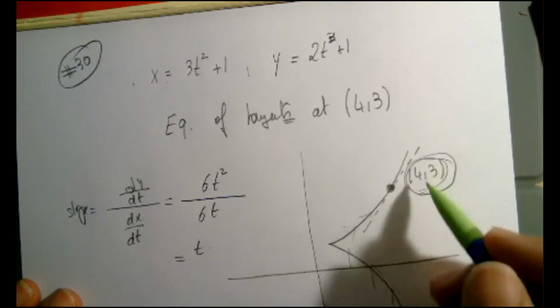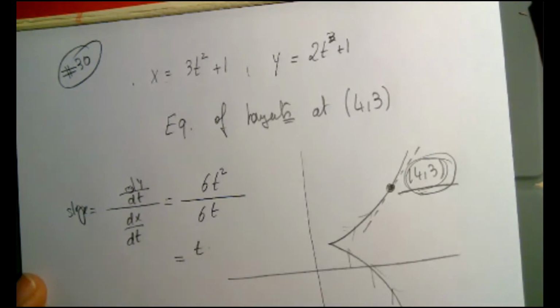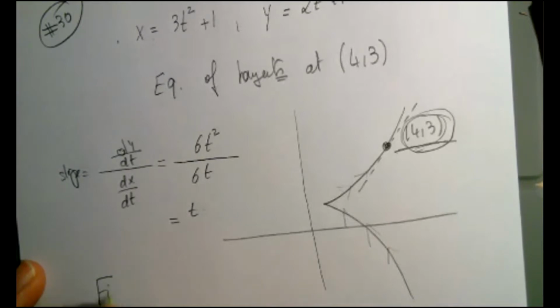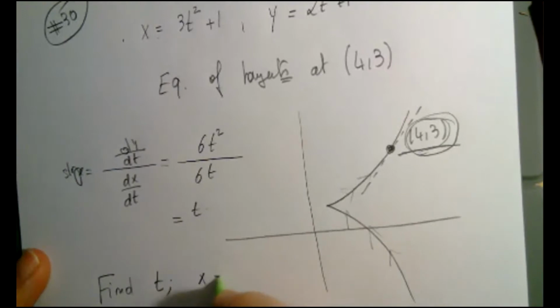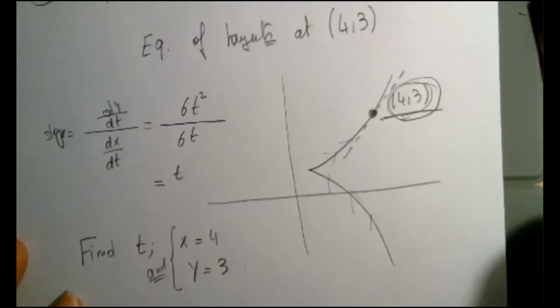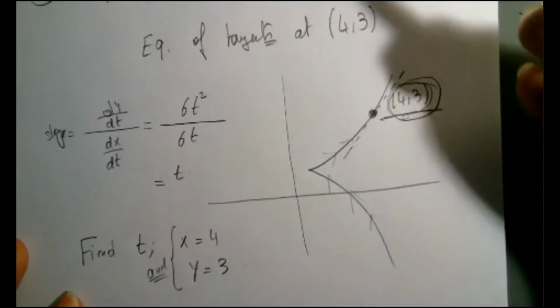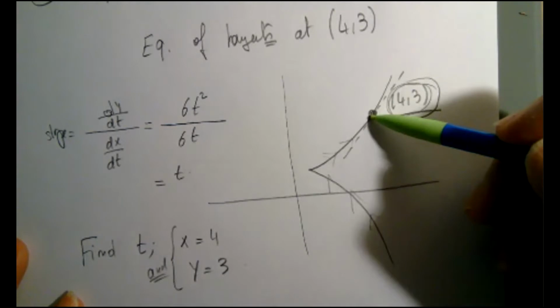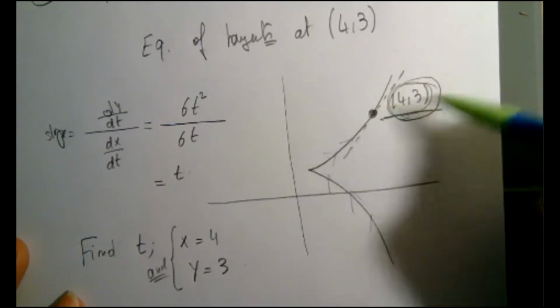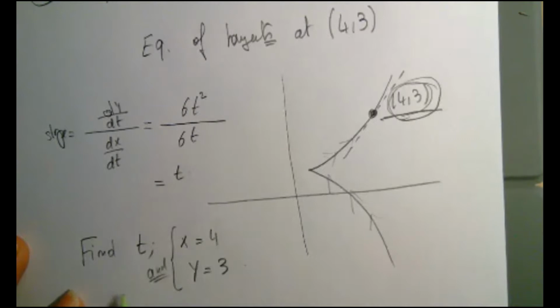So we have to find the value of t such that x is 4 and y is 3. When does the particle hit the point (4, 3)? I need to find the time when this occurs.